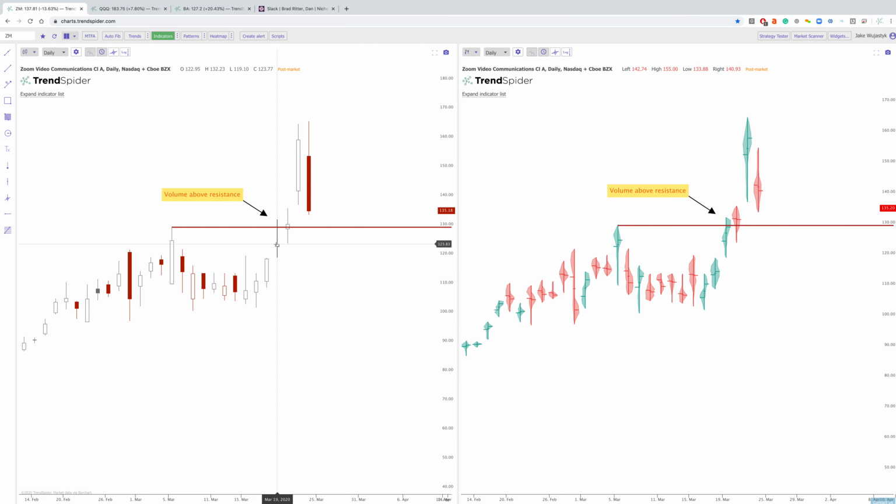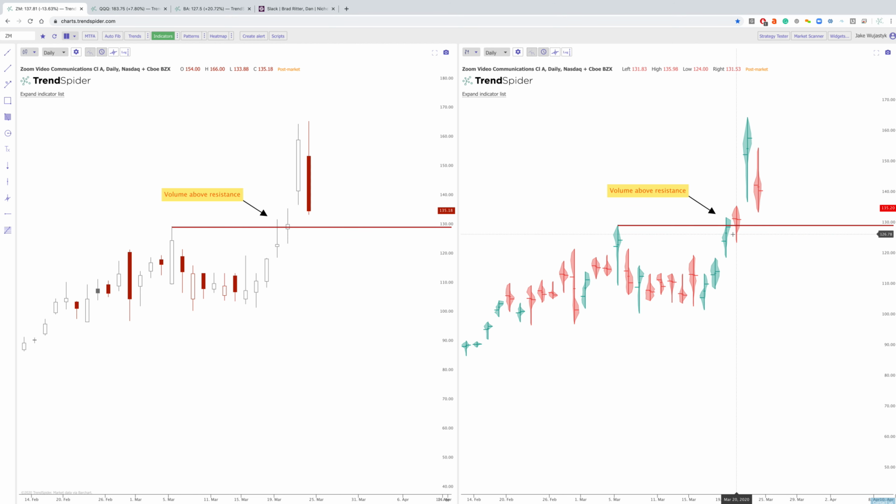I'm not sure what the exact close was. But you can see that there was a lot of wick up here, and we did pierce through this previous high, which I just created as resistance. But if you go to the raindrop, you'll see something very different. You'll see that the volume is actually pretty heavy above this line. And so what you can't see in the wick, you can see in the raindrop.